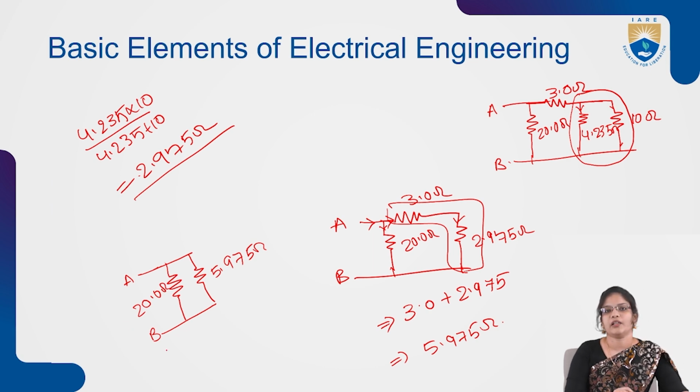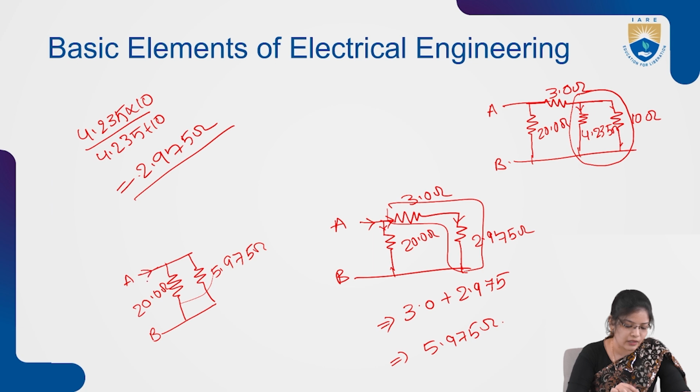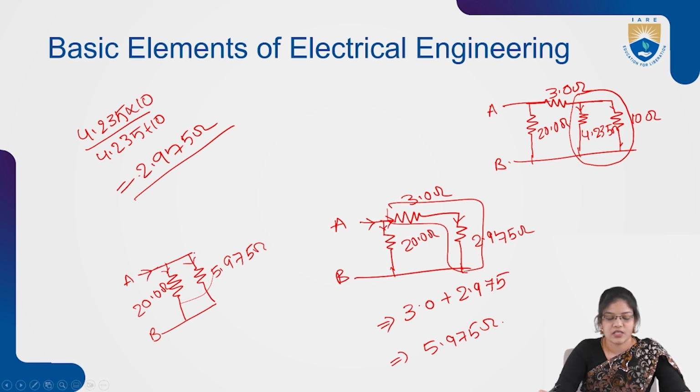Now we have to calculate the final equivalent resistance, as there are two resistors in this circuit. I say they are in parallel because the current is dividing here. So to reduce this network to a single element, we multiply these two resistances using the formula R1 into R2 by R1 plus R2.